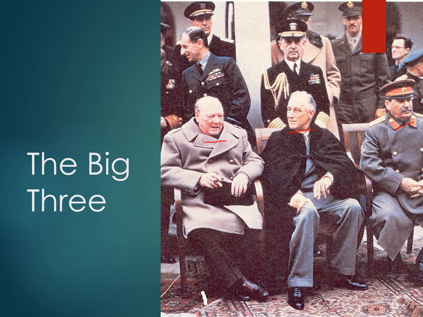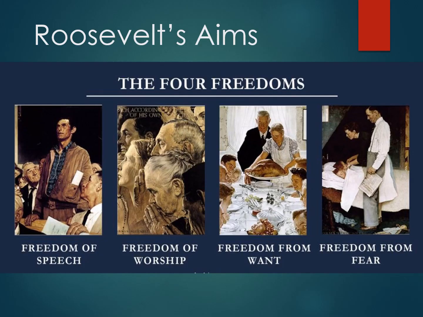As a result, even before America's entry into the war, Roosevelt was thinking about what the world would look like after the war ended. In January of 1941, Roosevelt gave a famous speech which is known as the Four Freedoms speech.